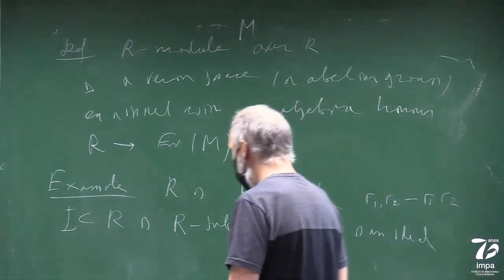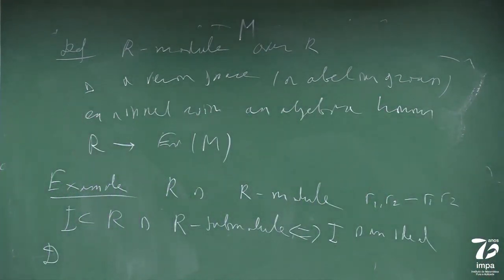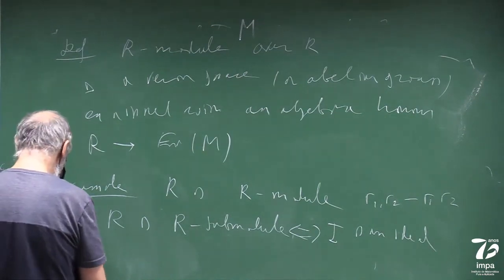Now, definition. This is a generalization of the definition of a Noetherian ring.